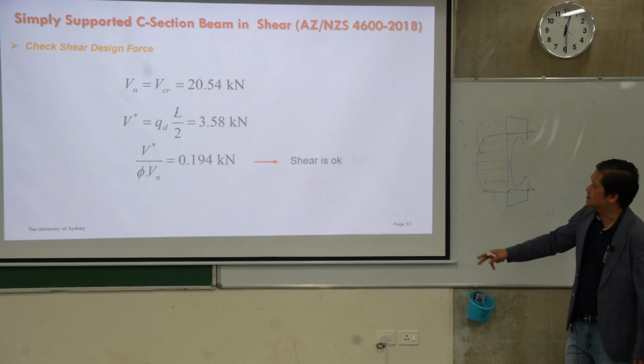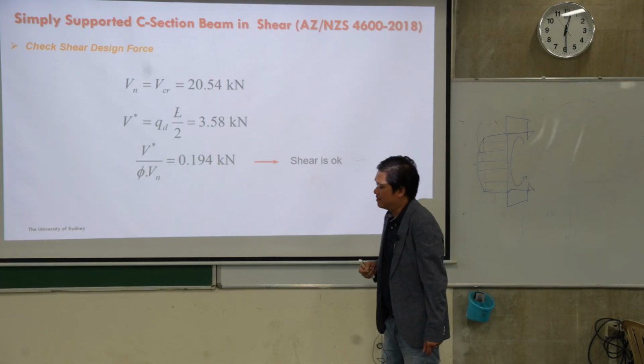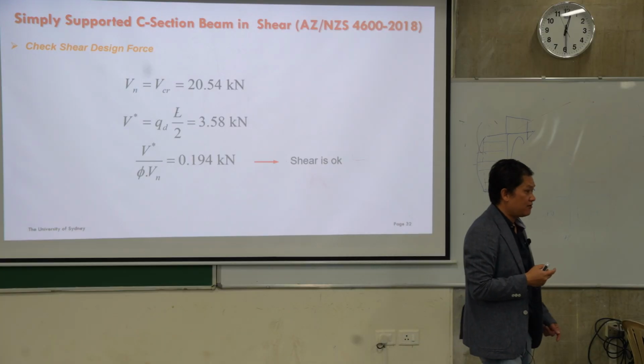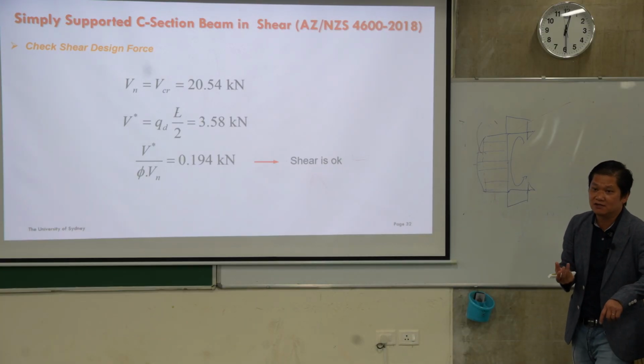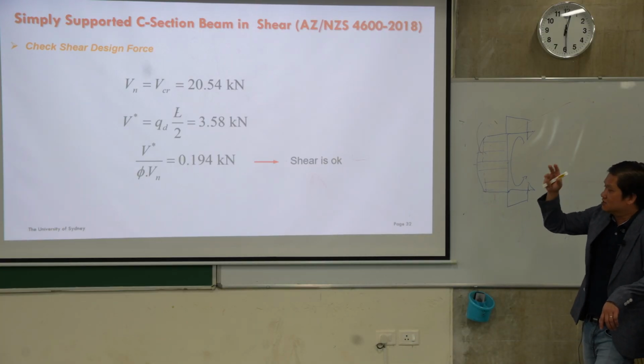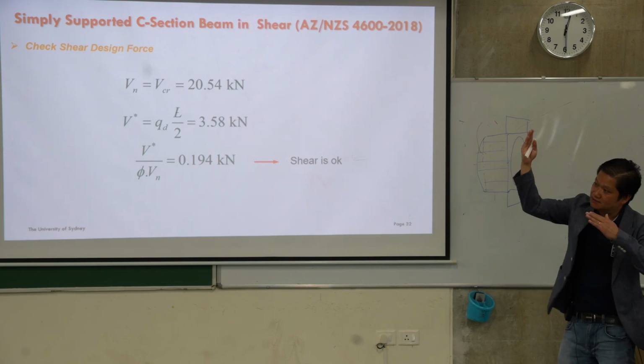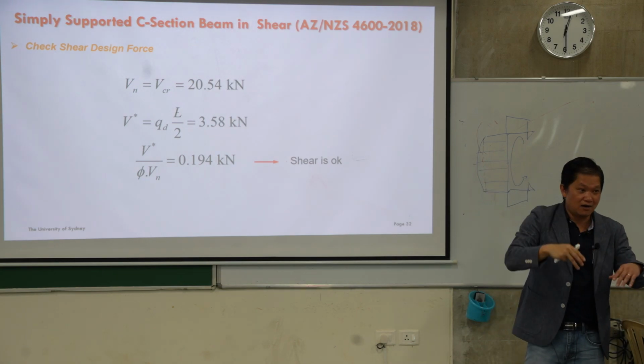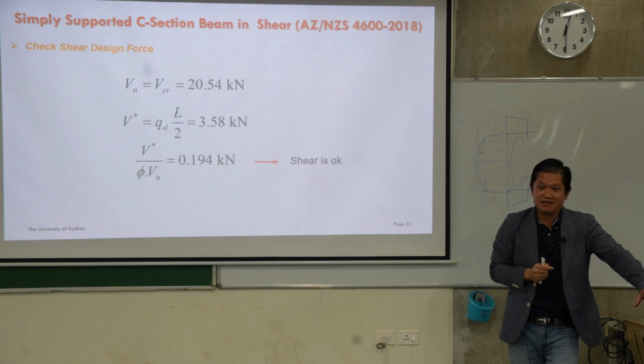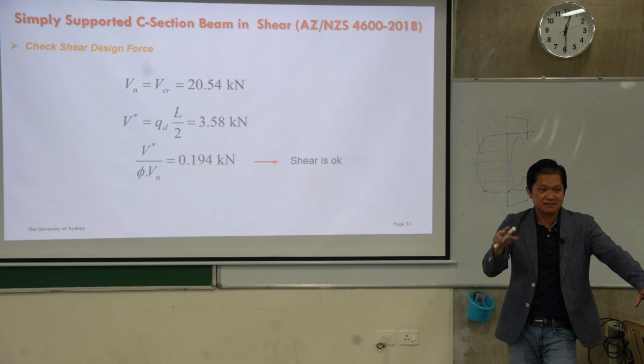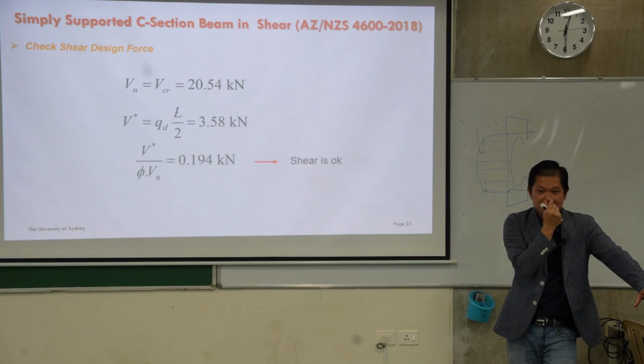So this is how simple it is when you calculate that one. But of course now one will ask a question: the section is normally close to the support, and you need to cut a hole to fit all the MEP or plumbing or electricity or whatever, then you need to calculate, and now it's already in AS 4600.